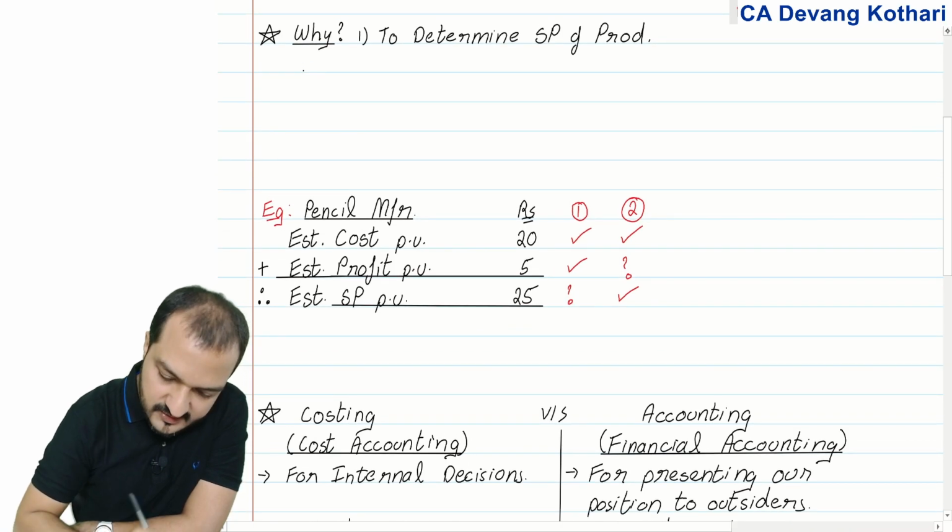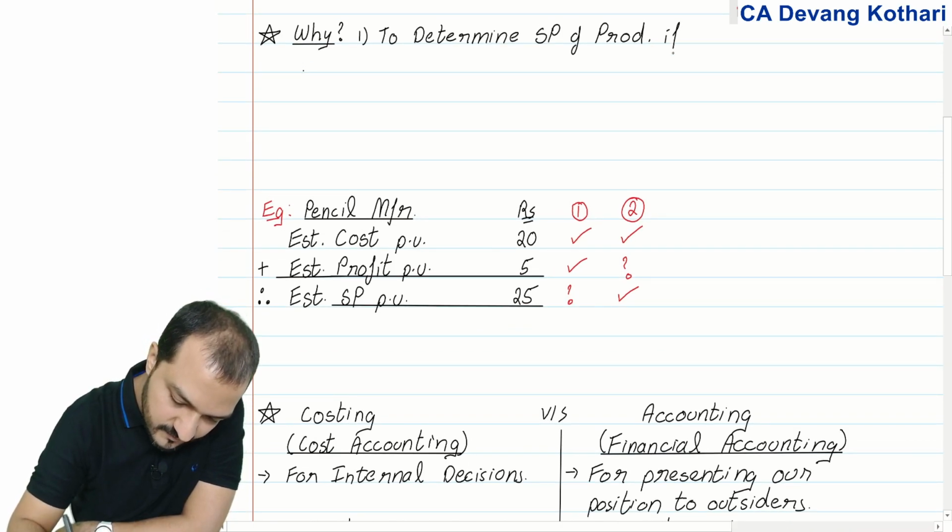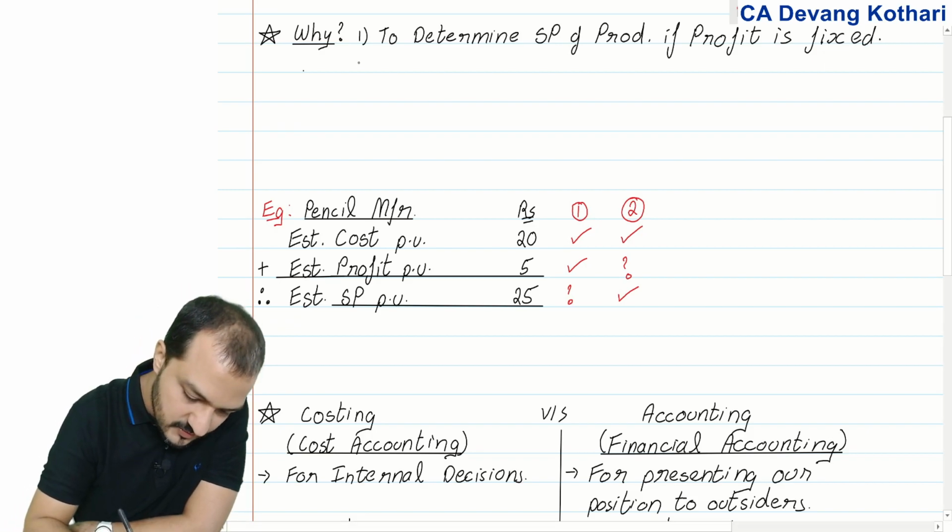So purpose one is to determine selling price of product if profit is already fixed.